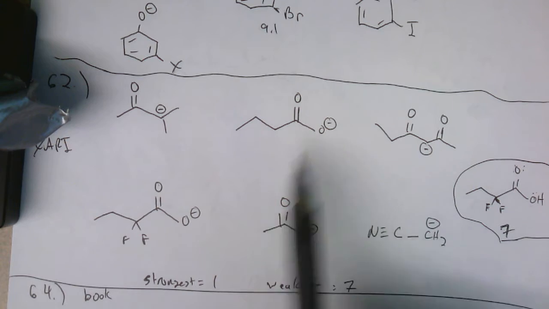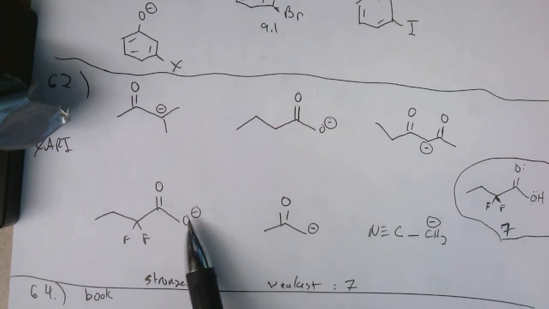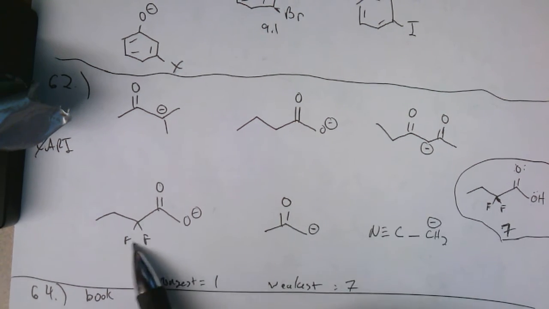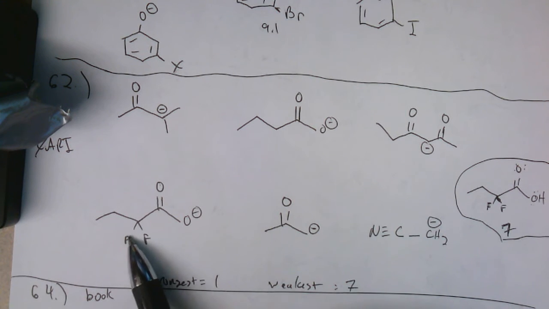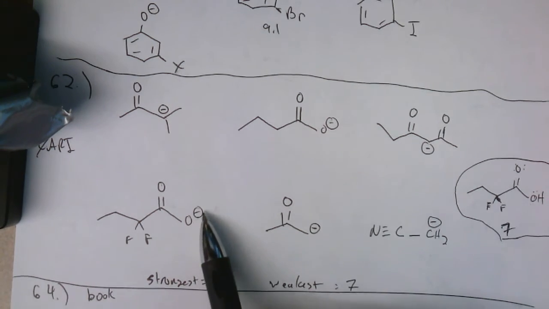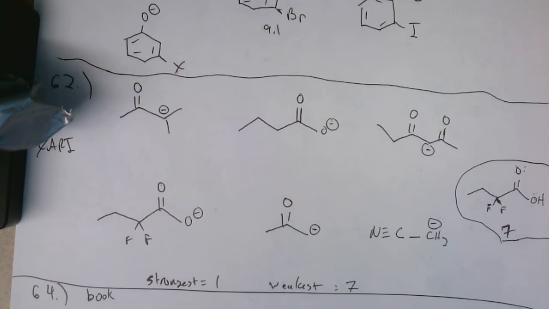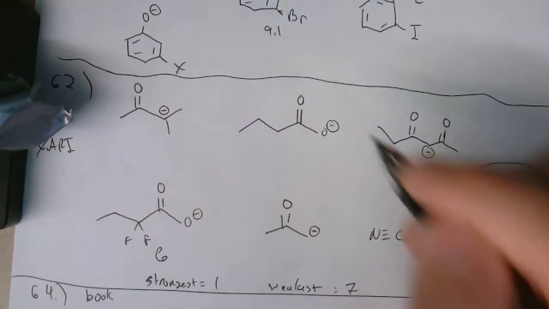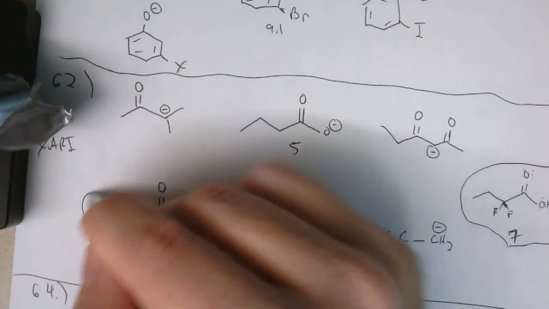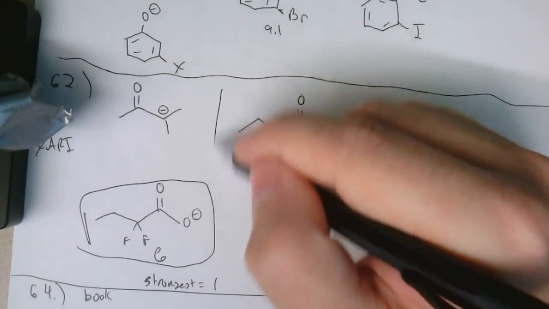I'm only going to look at the ones with oxygens. So this one versus this one. They look almost identical, except this has 2 fluorines. And we know fluorines are electron withdrawing, which is going to make this more stable. The more stable this is, the less likely it's going to pick up a proton. So this one would be 6, and this one would be 5. This one's the next most stable.